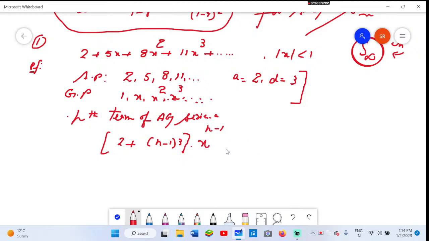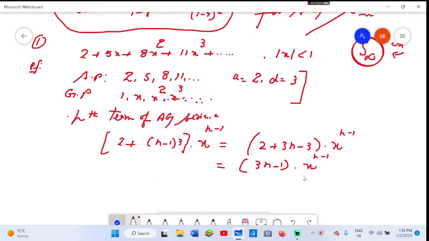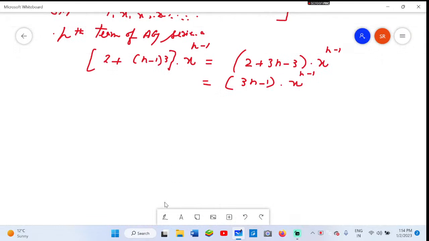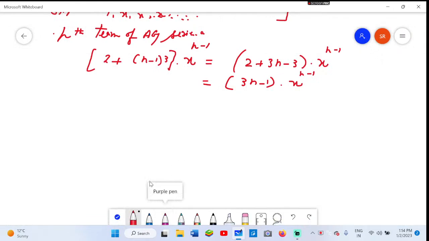So this is the another term. We can simplify it. It will be 2 plus 3n minus 3 into x raised to power n minus 1. This is 3n minus 1 x raised to power n minus 1. Right? So this is what we have written. Nth term, general term. Right?